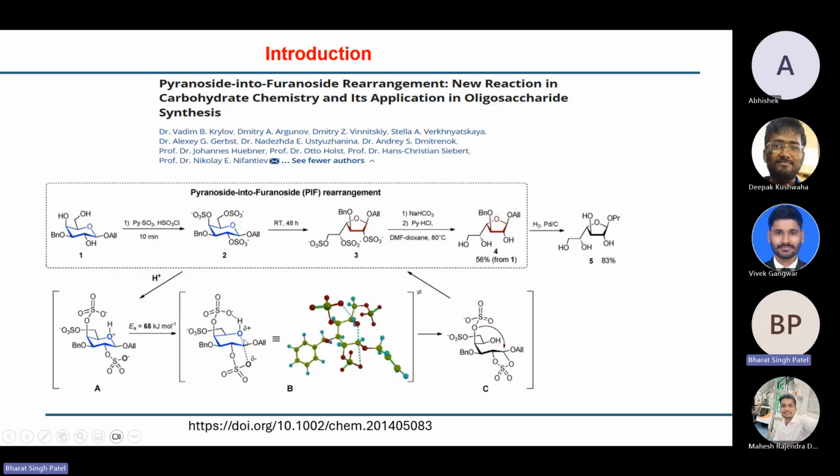Then the C1 and O5 oxygen bond was breaking and forming the furanoside, followed by hydrolysis using sodium bicarbonate and the HCl pyridine complex in DMF dioxane. They were able to get this furanoside, followed by hydrogenation conditions. They were able to remove the OBn group to get the free furanoside.